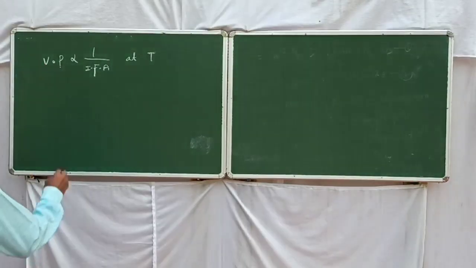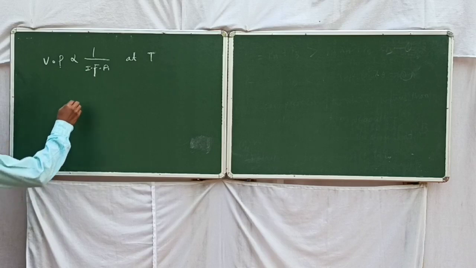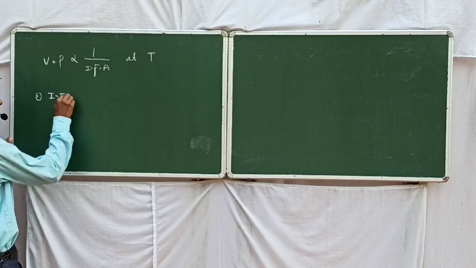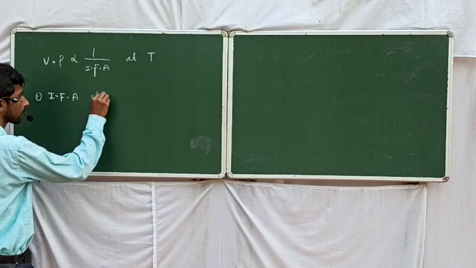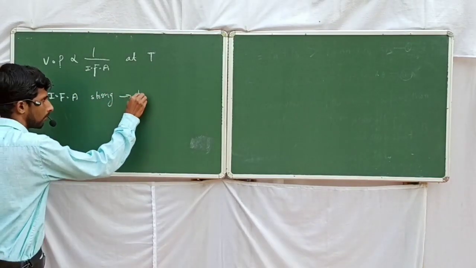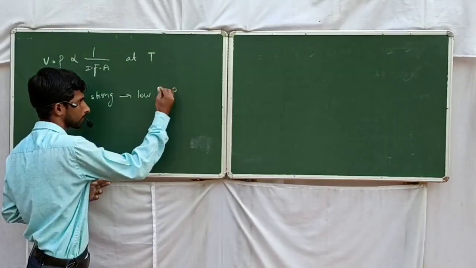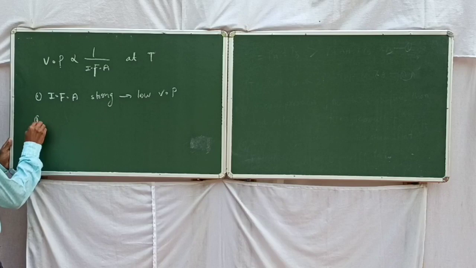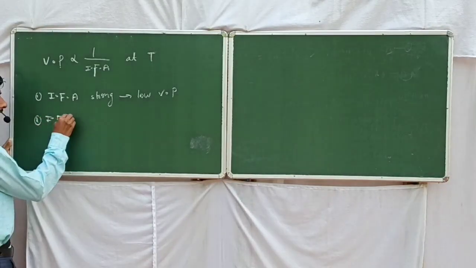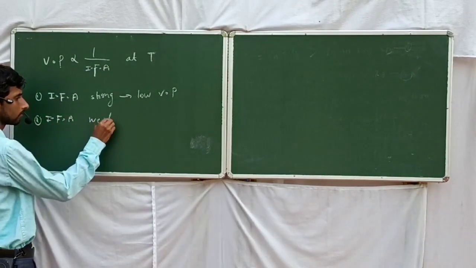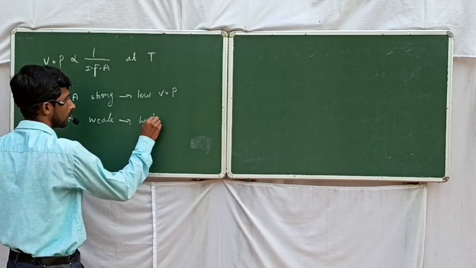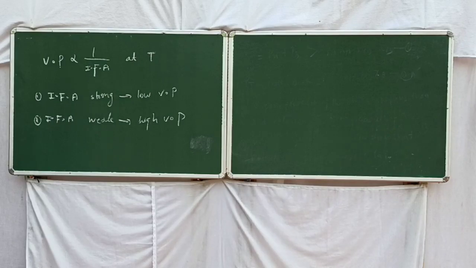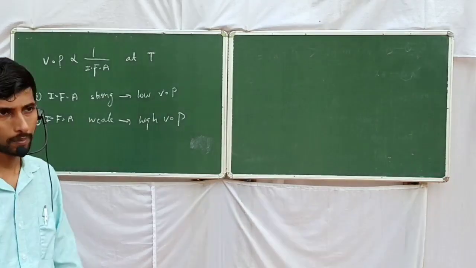So we can write: if the intermolecular force of attraction is strong, then the vapor pressure is low. If the intermolecular force of attraction is weak, then the vapor pressure is high. That is the relation between intermolecular force of attraction and vapor pressure of the liquid.